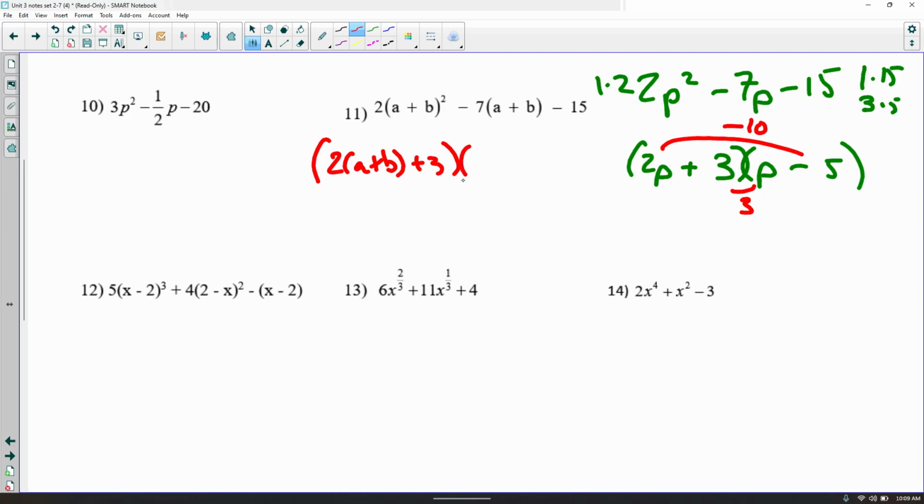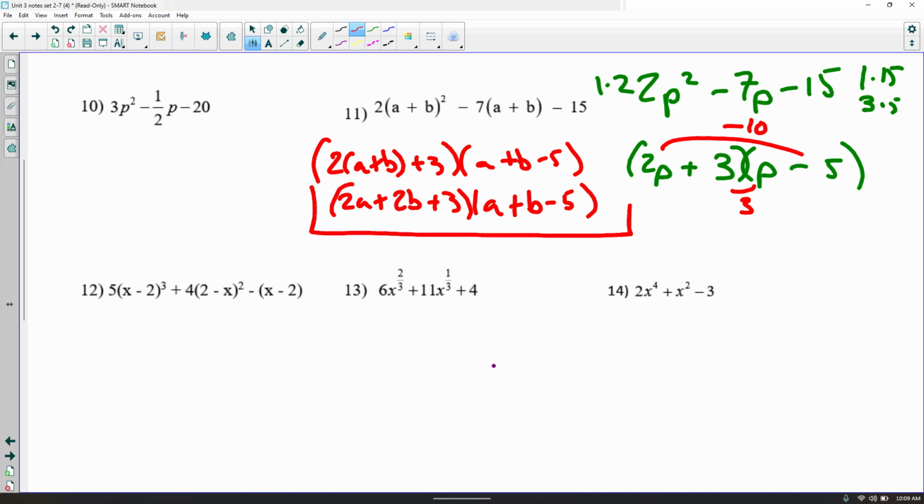And then you got apples plus bananas minus 5. And we would like you to clean it up a little bit by distributing the 2. So you can see the final answer to be like this. This one, there's not much of a change in the answer. So this would be the answer for number 11 when you get done. Now, in some answers, they get changed.